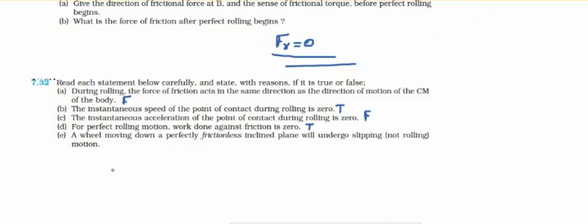Suppose there is no friction at all on the surface. The wheel falling down, we have only slipping, there is no rolling. The statement is true because many times we have seen friction is necessary to start rolling. If there is no friction, it is not possible to start rolling, only slipping will be there.